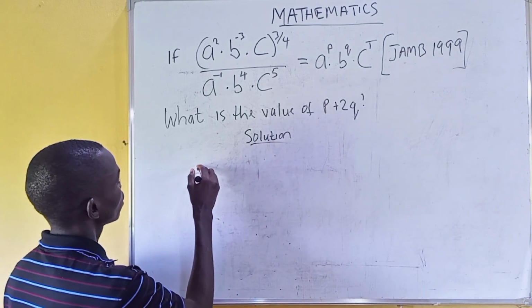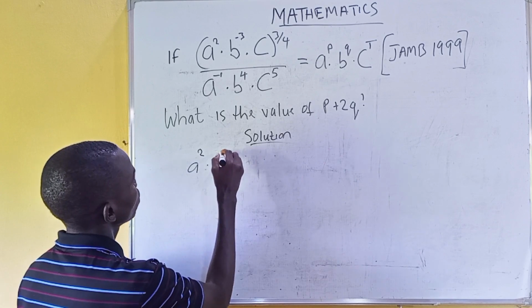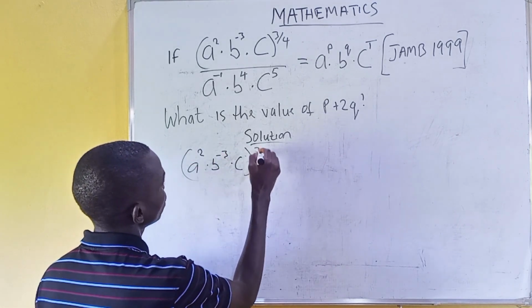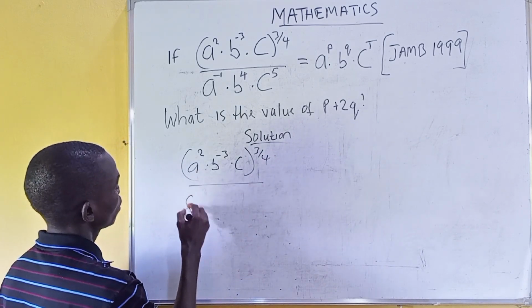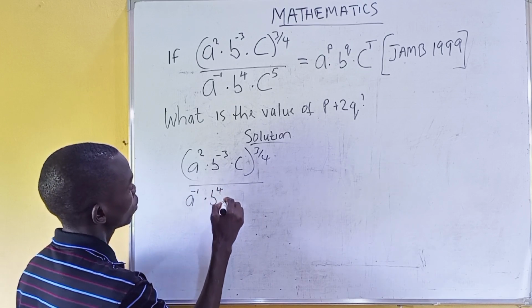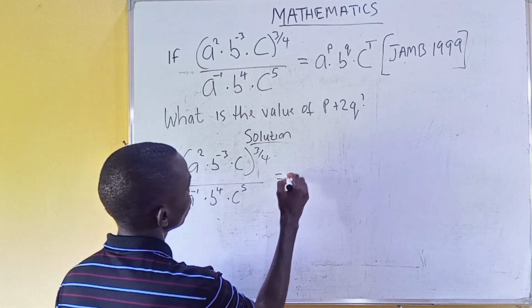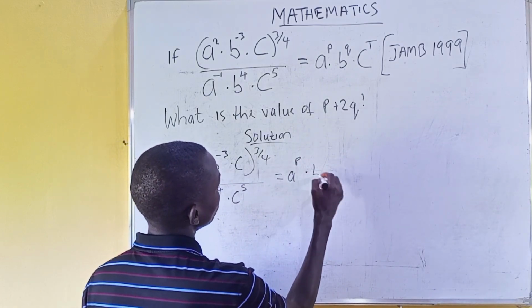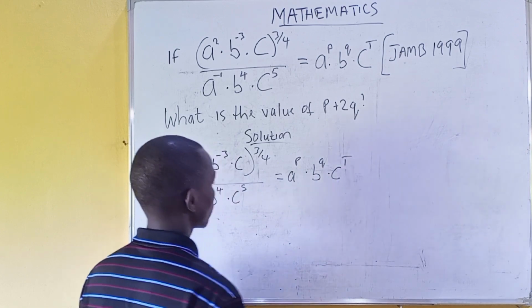We have (a^2 b^-3 c)^(3/4) over a^-1 b^4 c^5 is equal to a^p b^q c^t.